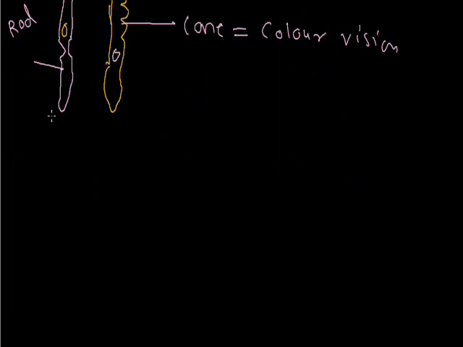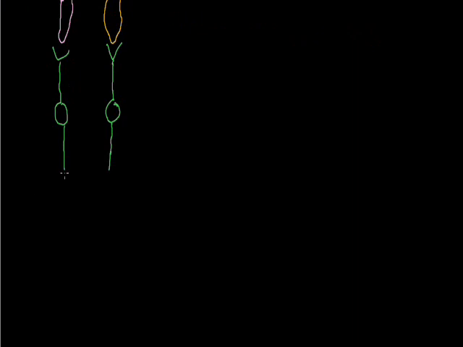These rod and cone cells are connected to bipolar nuclei. The bipolar nucleus has one dendron and one axon, so this neuron is called a bipolar neuron. The dendron is connected to rod and cone cells, and the axon is connected to glial cells. This is the glial cell and this is the neuron.